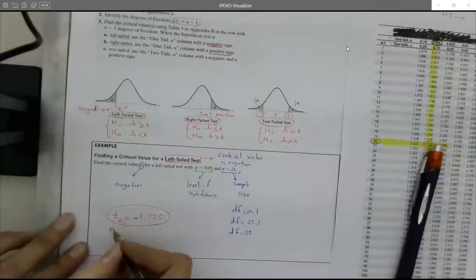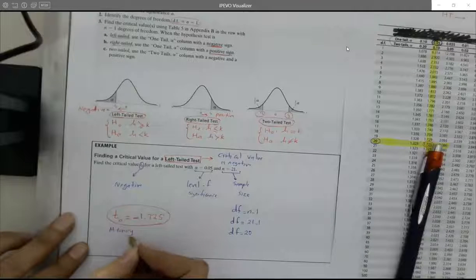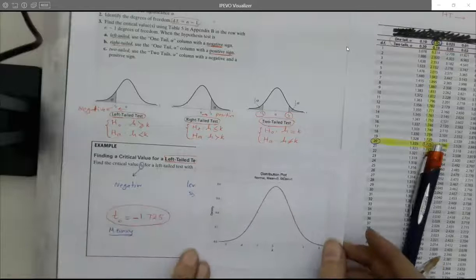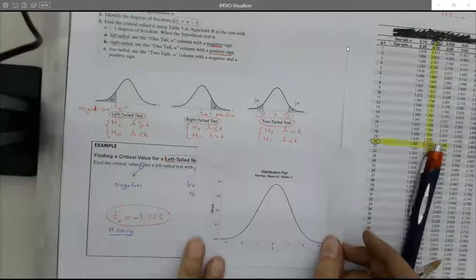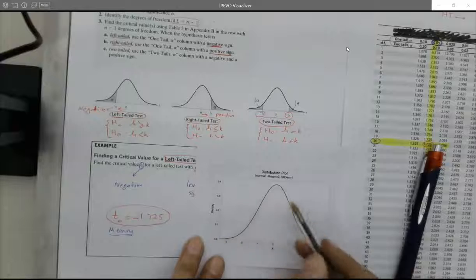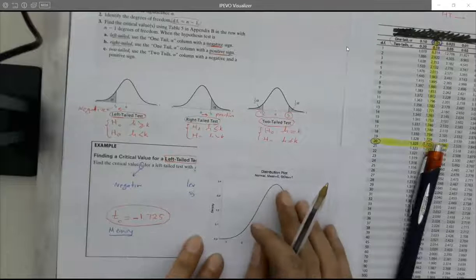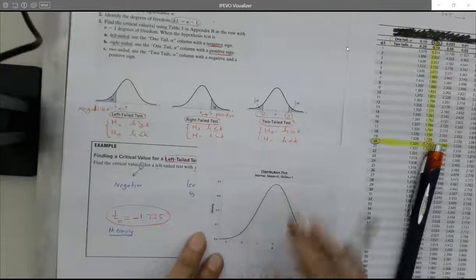If I graph using a normal distribution, we know that the t-distribution gets closer and closer to the normal distribution as the sample size increases.